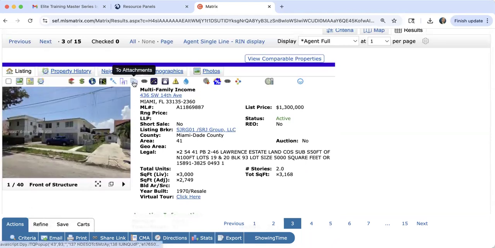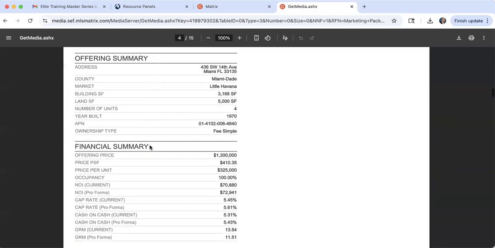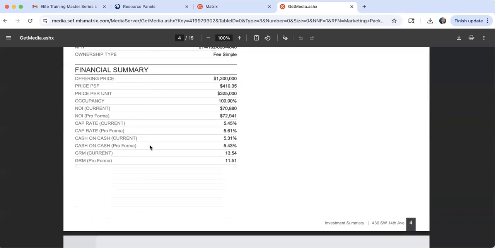One last thing, there's an attachment. See up here, attachments? Let's click on the attachment. There's a marketing package. Maybe it has what we're looking for. Let's see if there's any type of income expenses. Here we have the purchase price of $1,300,000, and it is 100% occupied, and the net operating income currently is 70,880 with a cap rate of 5.4%.